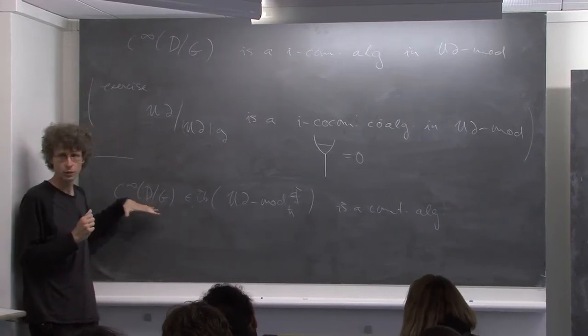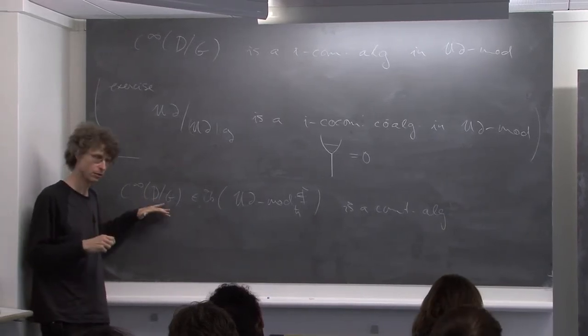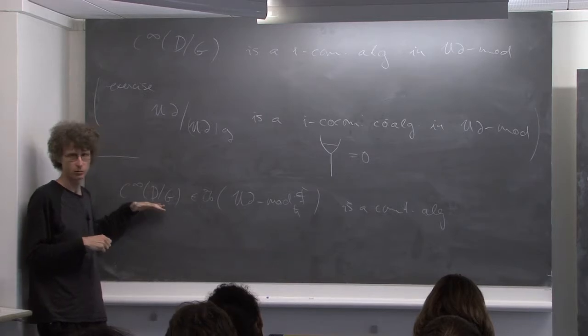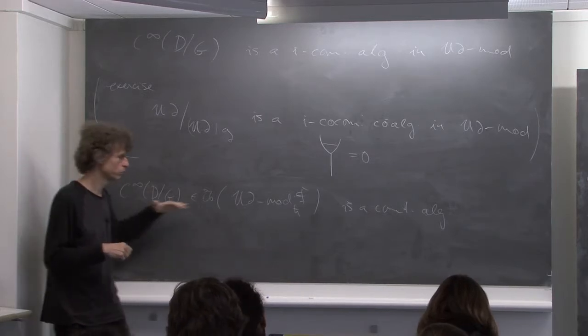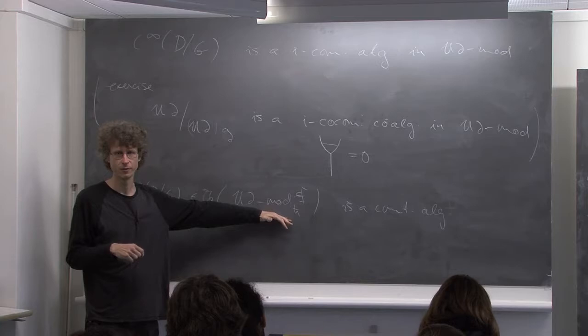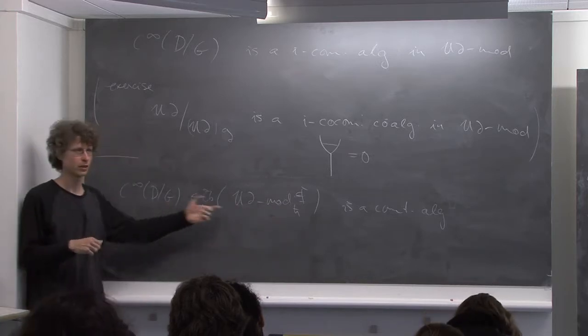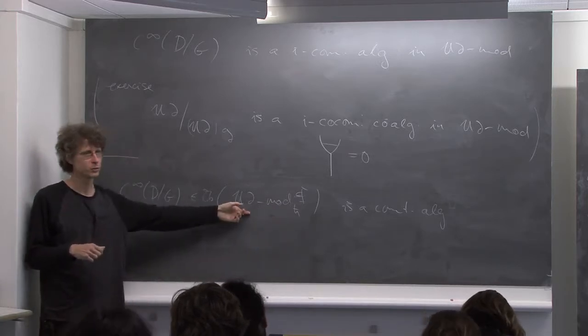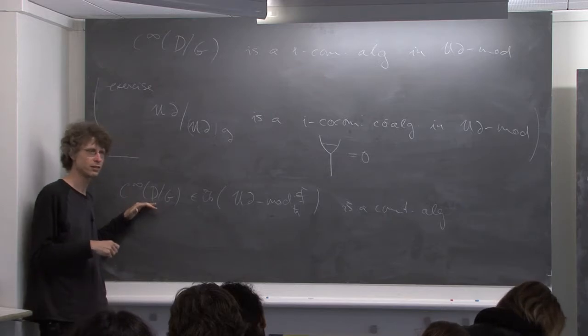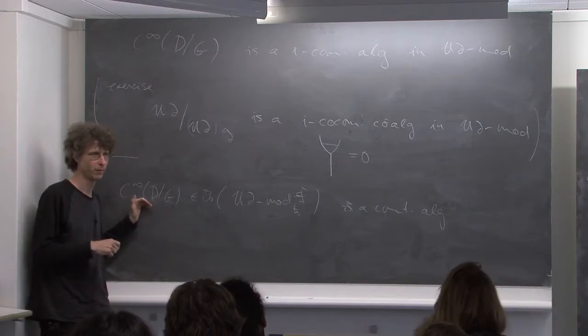So we don't need to do anything with this algebra. It has the original product. We didn't deform anything. We deformed only the category itself. But even after we deformed it, this stuff stays a nice, wonderful commutative algebra.